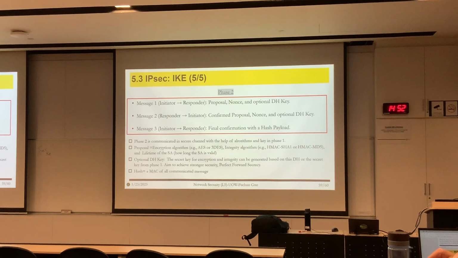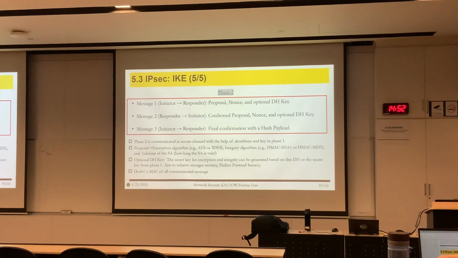And then they will run the confirmation of what they have negotiated. The proposal is just to propose which symmetric algorithm will be used to encrypt data, and which algorithm will be used for integrity purposes. That's it. And of course, they also have something called optional deployment. This is called optional just because there are two solutions.